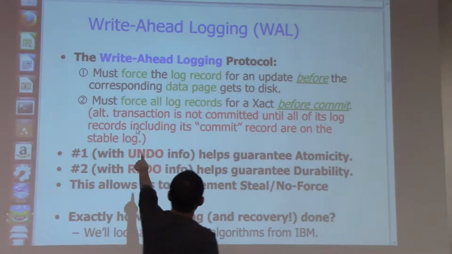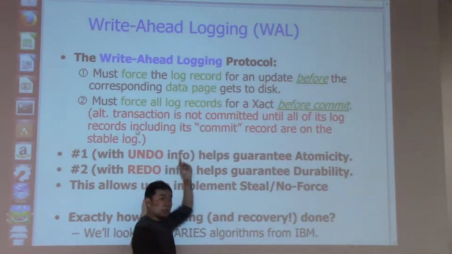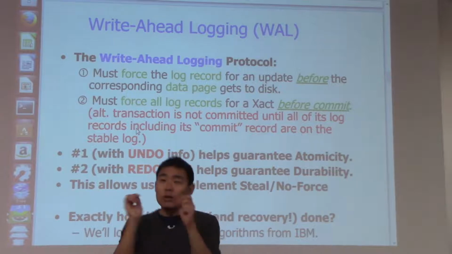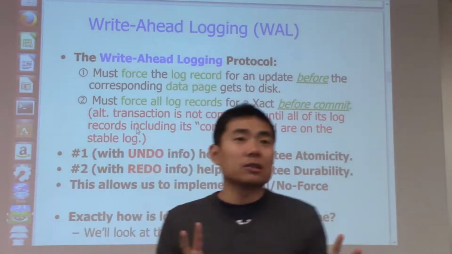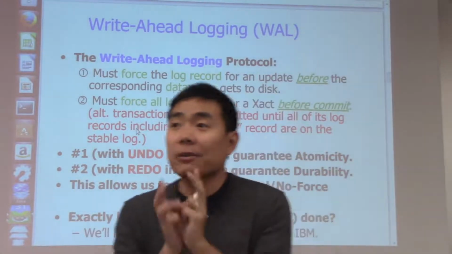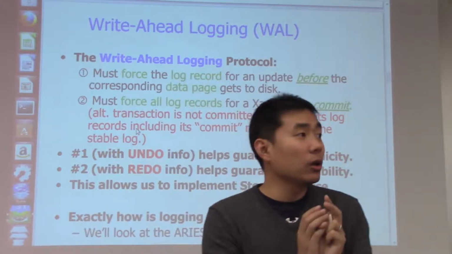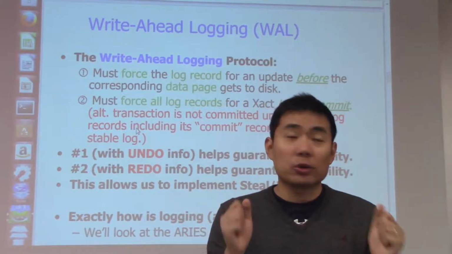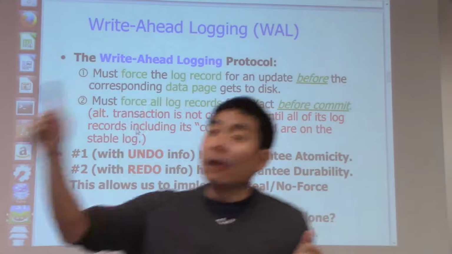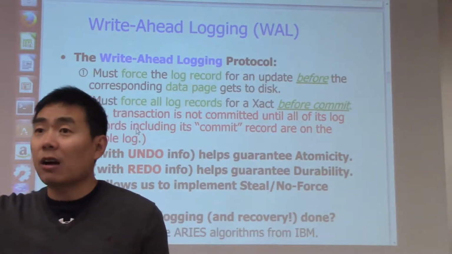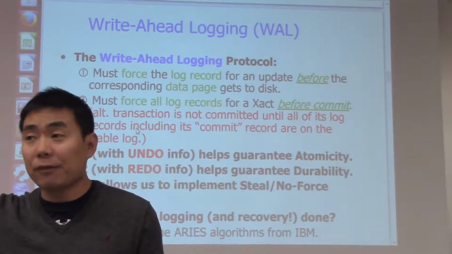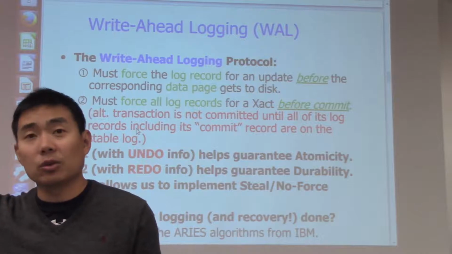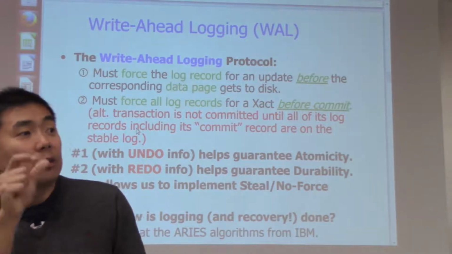So we understand the force policy, right? Do you guys understand me on that? By using this modified version of the force policy, what do we guarantee? We can ensure durability. Even if all the dirty pages caused by this transaction are still in the buffer and are lost later due to a system crash, I can still guarantee durability. Why?